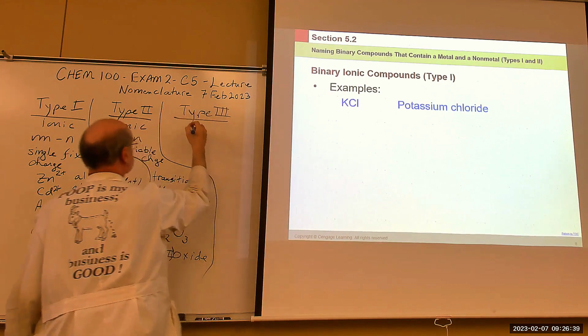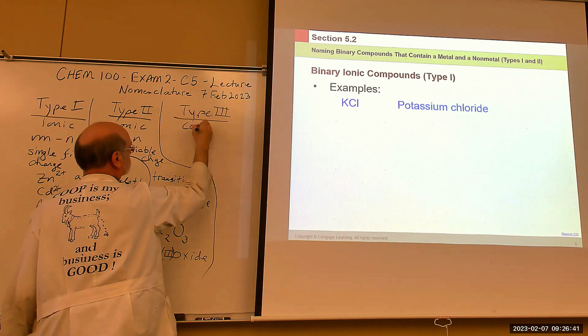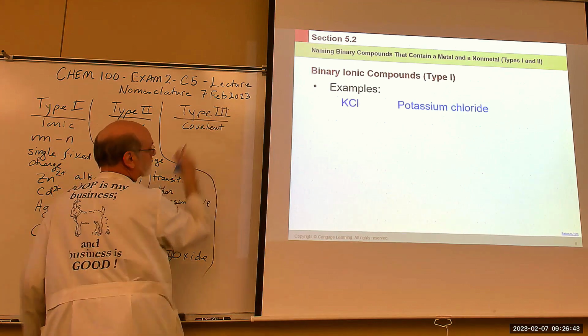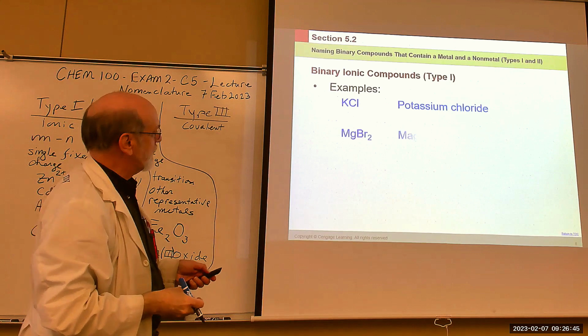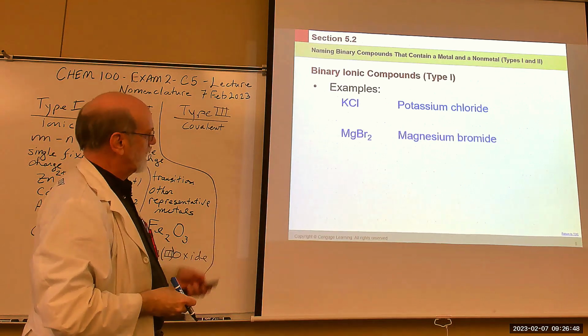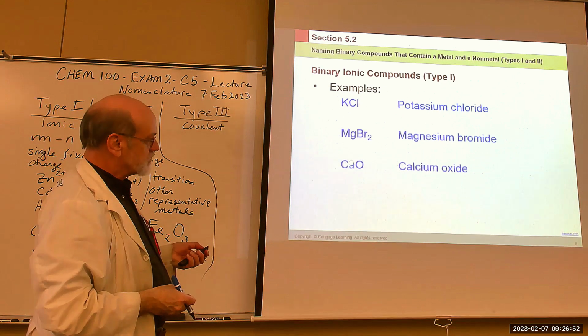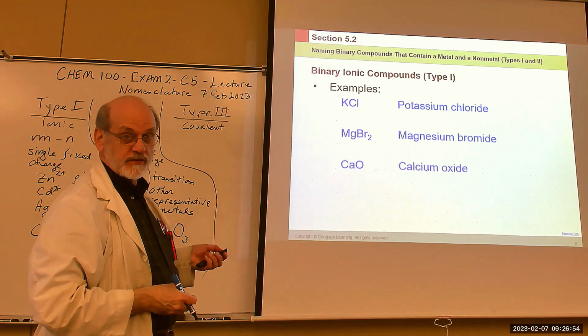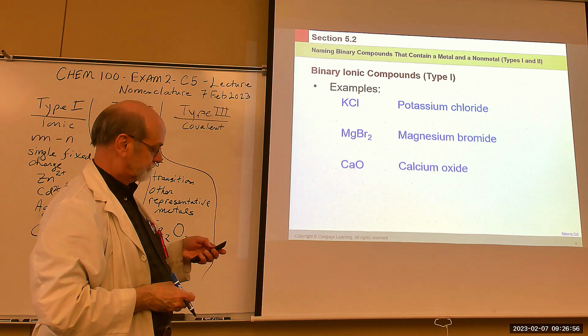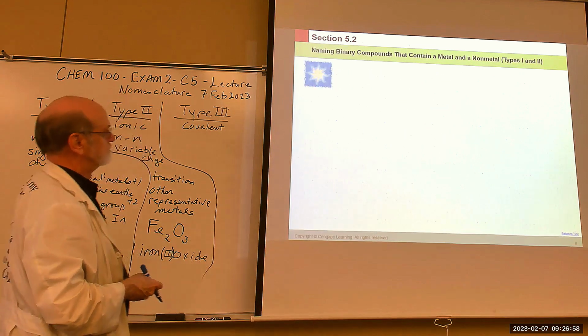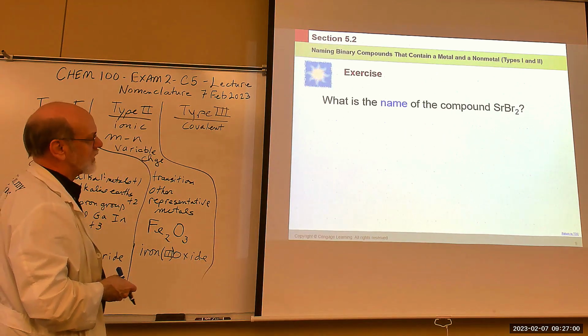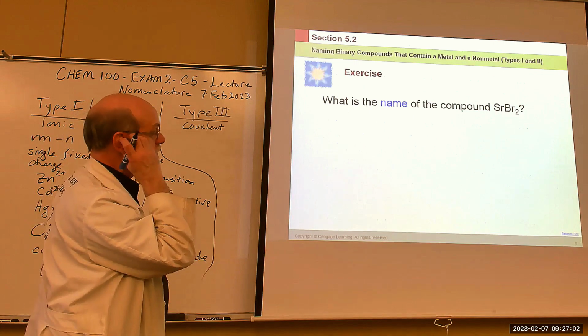Type 3 compounds are covalent. Let's see, there's some other examples. Magnesium bromide, calcium oxide. Calcium is a 2+, oxygen is a -2, so you only need one of each.